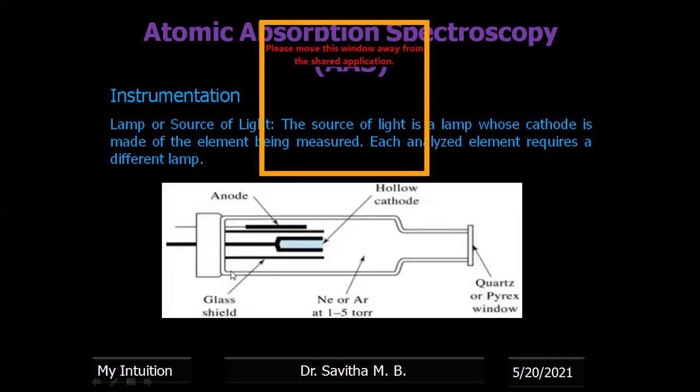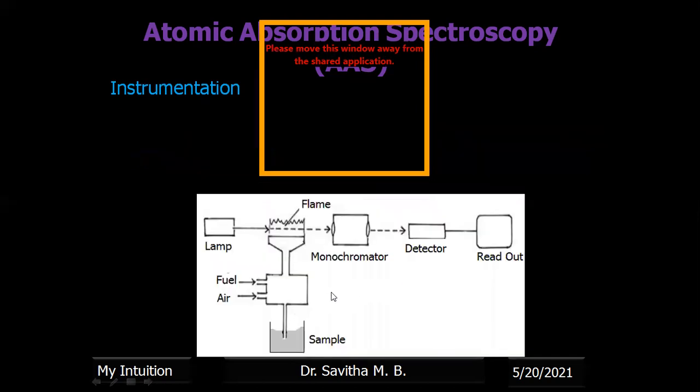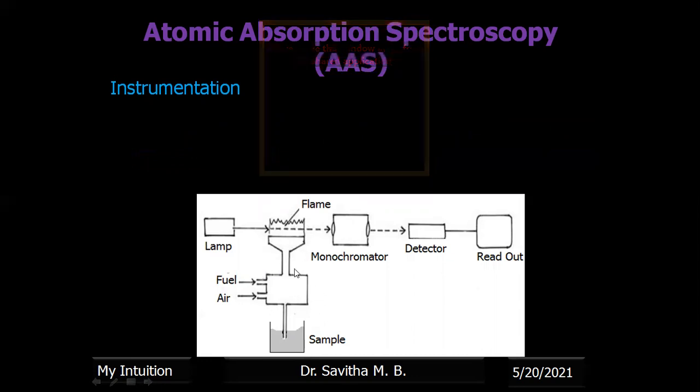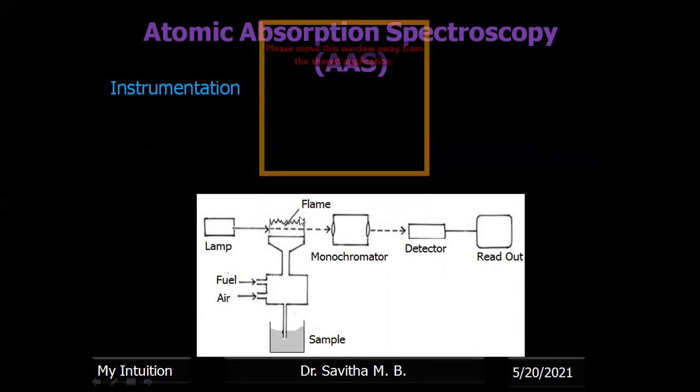So there is an anode and a cathode. What happens is, the sample is aspirated and first mixed with air. It is made into a vapor-like mist. Then it is fed into the flame. In the flame, whatever solvent the solution contains is evaporated, only the salt remains, and the salt also breaks up into its constituent atoms.